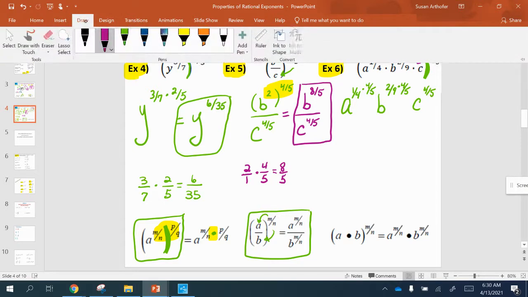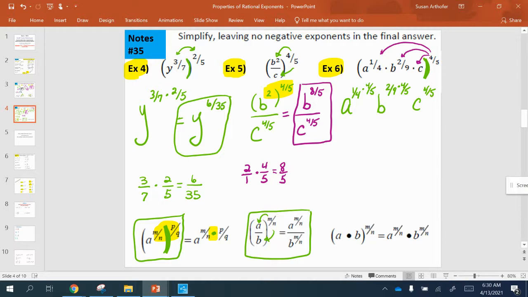And remember, when you multiply your fractions, you just go straight across tops and bottoms, right? So this one will be A, 1 times 4 on the top is 4. 4 times 5 on the bottom is 20. And we need to reduce that. So 4/20, you can divide out 4s. That would give you a 1 and a 5.